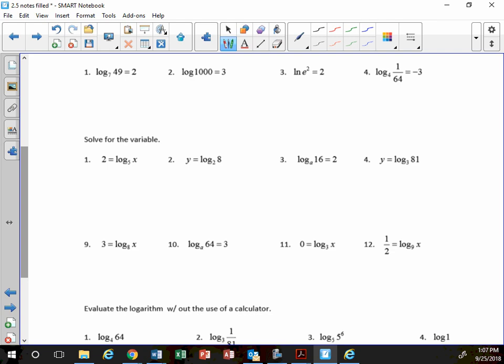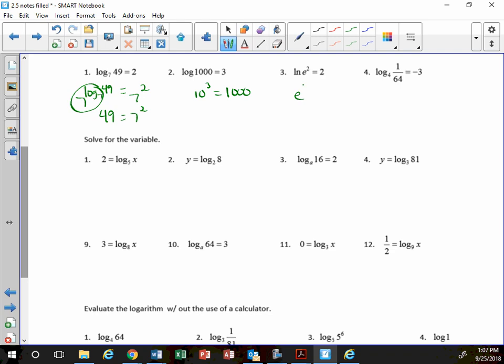So I could take the base and then raise it on both sides. That's exponentiating. This ends up just being 49 equals 7 squared. But I think most of you are probably okay just writing 10 cubed equals 1,000. Am I right? Okay.